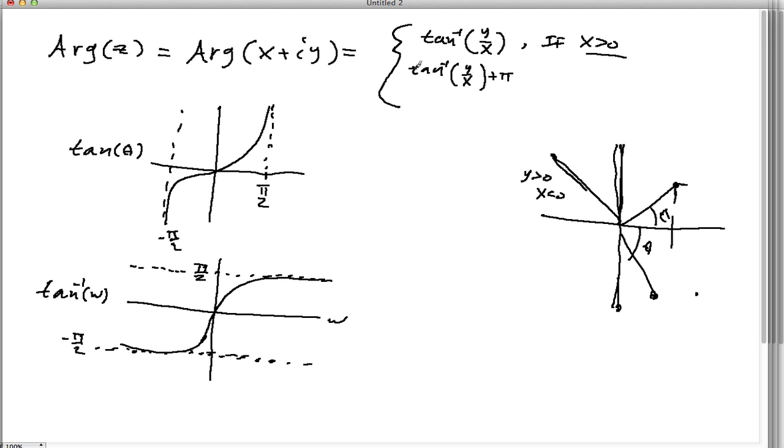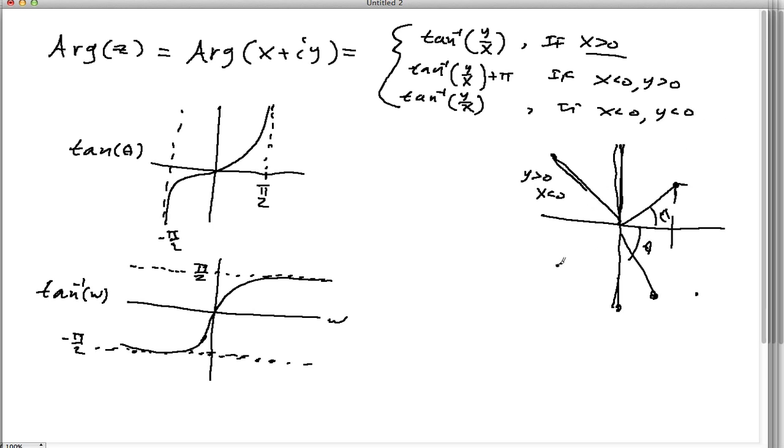So that's if x is less than 0 and y is greater than 0. And what about the case if x is less than 0 and y is less than 0?